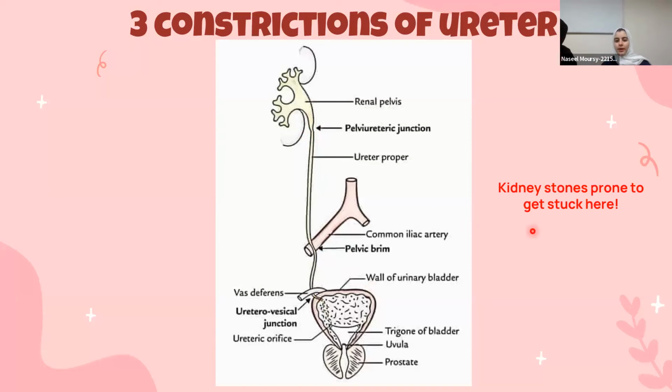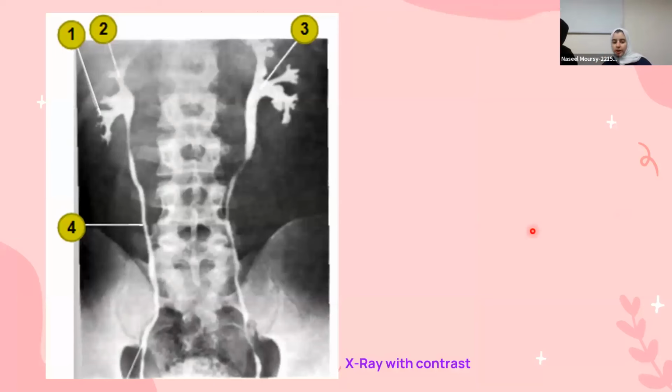Let's look at what this is: an X-ray with contrast. I wrote it, I shouldn't have written that. Now I want you guys to tell me, what's number one? Minor calyx. Good job. And then number two, major calyx.